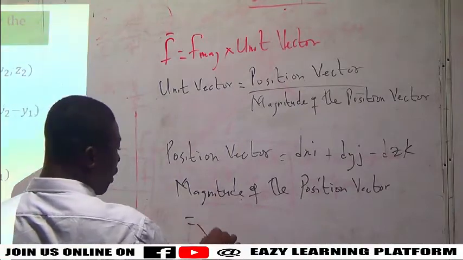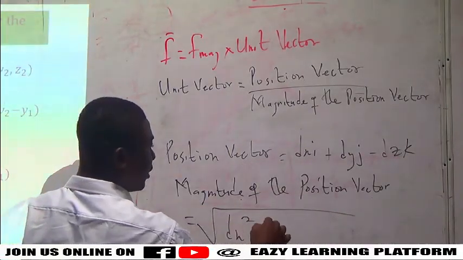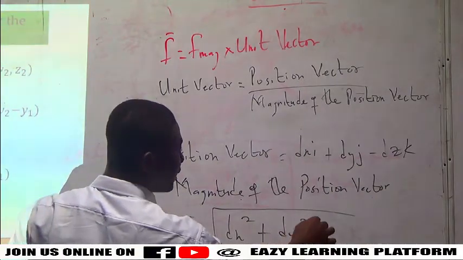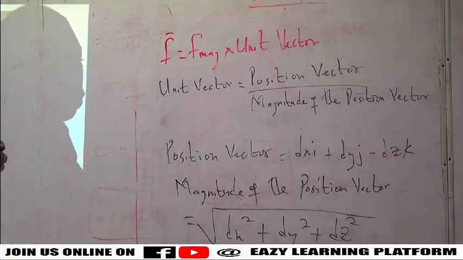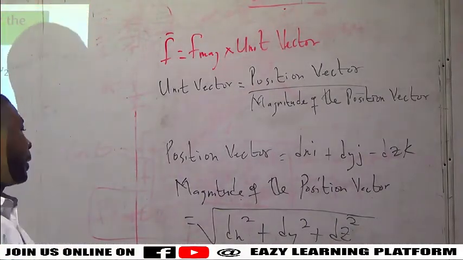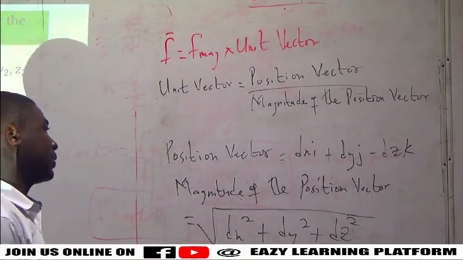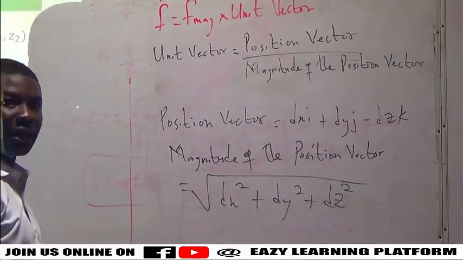You are going to have the square root of dx squared plus dy squared plus dz squared. And this will give you the magnitude of the position vector.